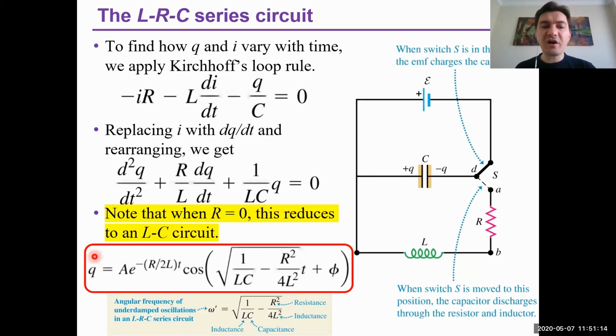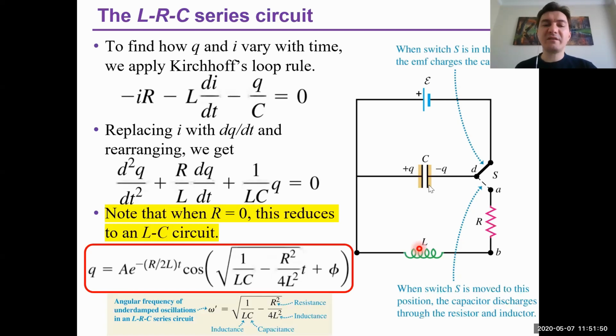Again, charge on the capacitor oscillates by time, okay? So if you take the time derivative of that charge, you can get the current. It will be given by a sine function, and it is also oscillating. Its direction changes. But what is the main difference between LC circuit and LRC circuit?